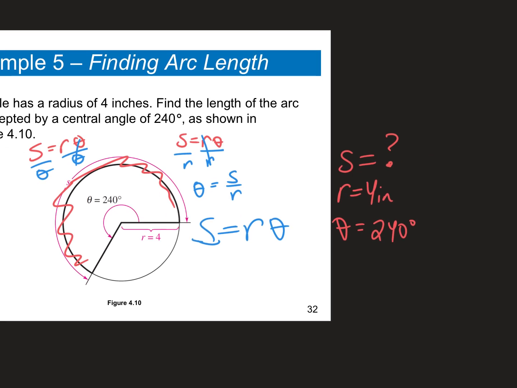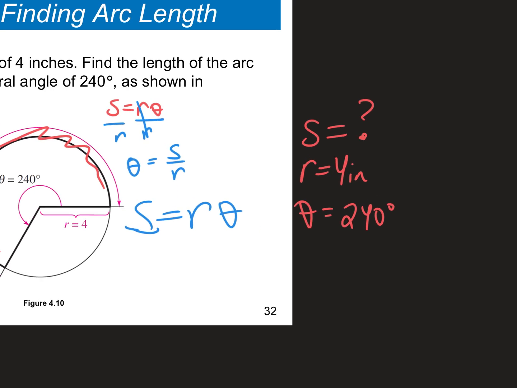Can I just take this information and throw it right into the formula? No. Why not? We have to convert the degrees to what? Radians. When you guys are given an angle and you're asked to do anything with arc length, the angle has to be in radians first. So we're going to say, okay, this is 240 over 1. How do we convert? Pi over 180 or 180 over pi? Pi over 180. Why is 180 going to go on the bottom? So it'll cancel. Right? So my degrees cancel here.